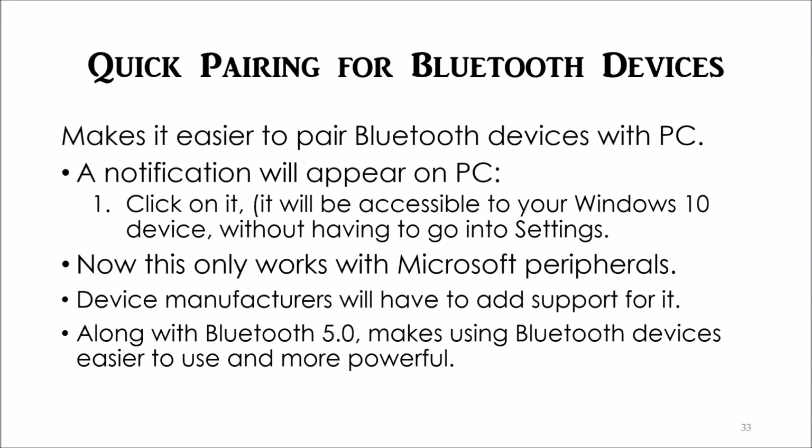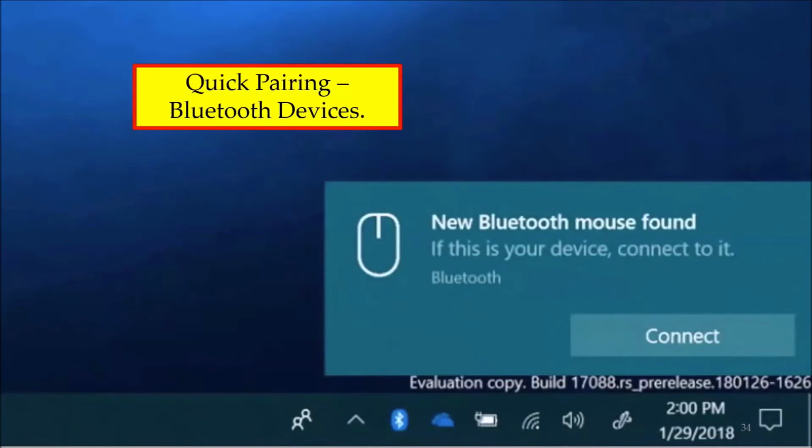If a device manufacturer wants to add that feature to their hardware, then they can do it. But right now, it's only for Microsoft peripherals, and this is the kind of screen you get. New Bluetooth mouse found, new Bluetooth something found. Notice this is over in the bottom right-hand corner, a pop-up on your screen. You click on connect, and it connects it.